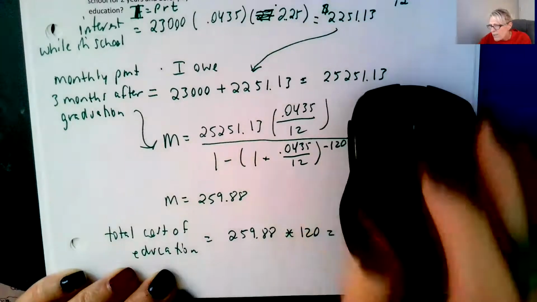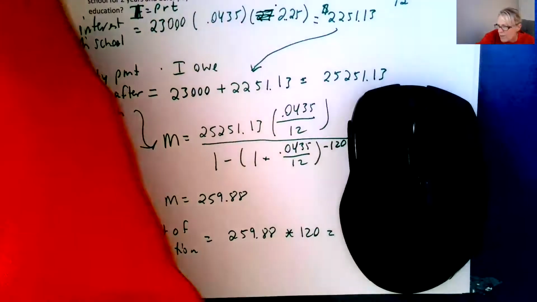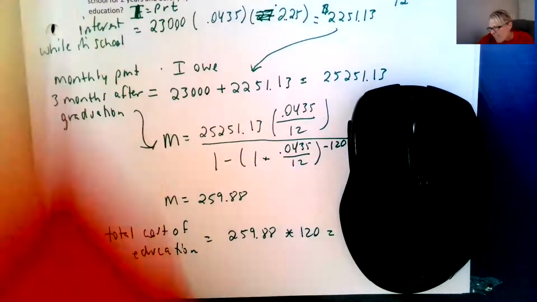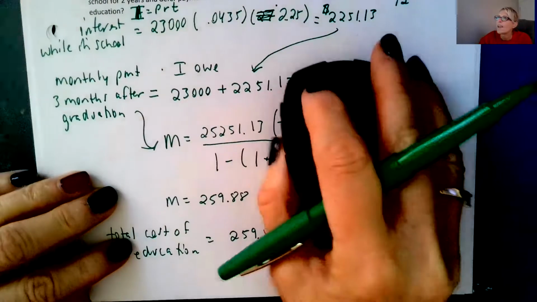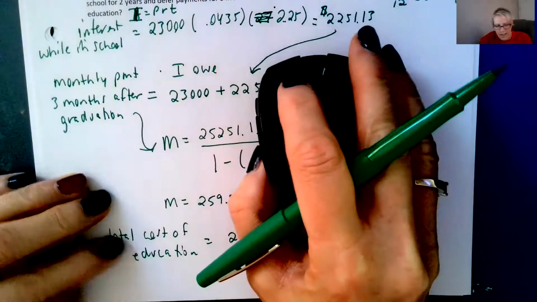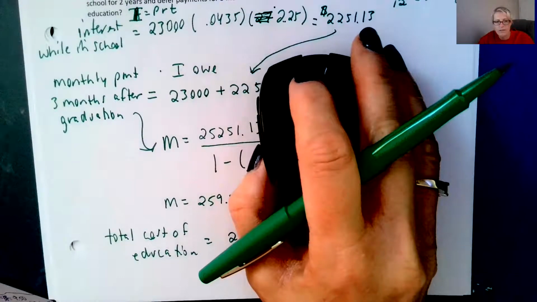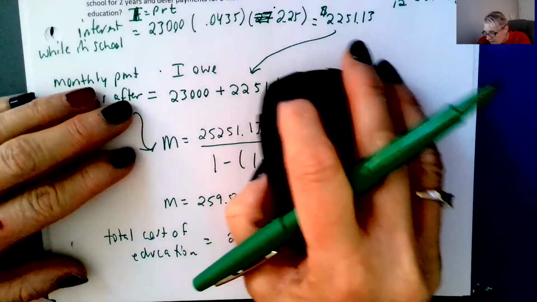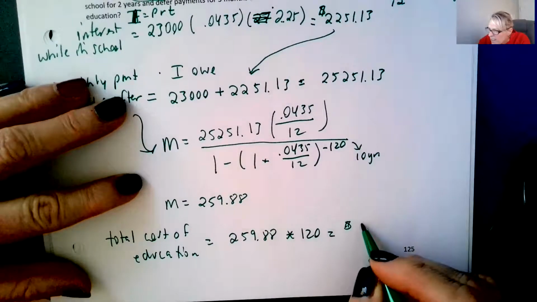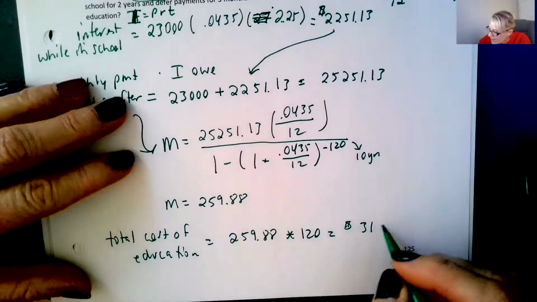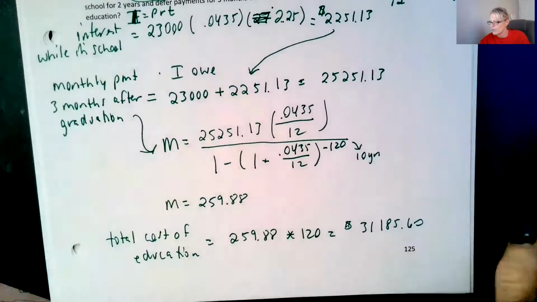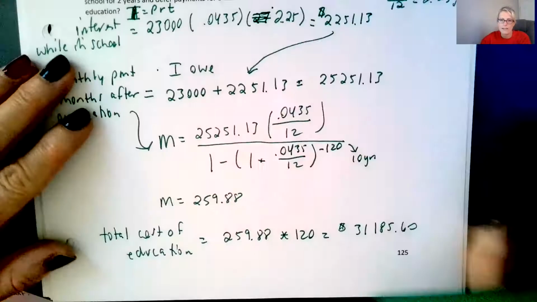Don't worry, I will save my work in Desmos. 259.88 times 120, and I will have paid $31,185.60 after the 10 years. That is the total cost.